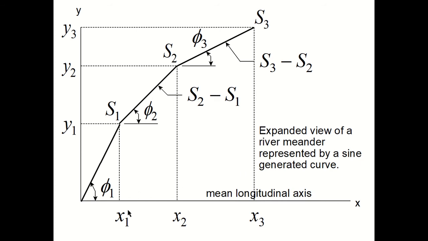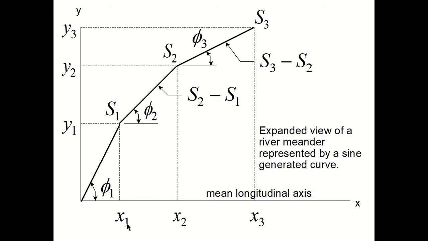So you can see I have 3 line segments drawn here. What we need to do is come up with the x and y coordinates for the stream meander. Once we have the x and y coordinates, we can provide that to the surveyor and say, go stake this out in the field so we can construct it. So that's going to be dealing with these types of equations.